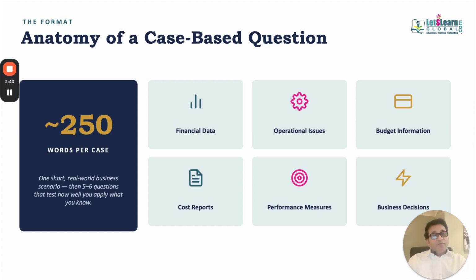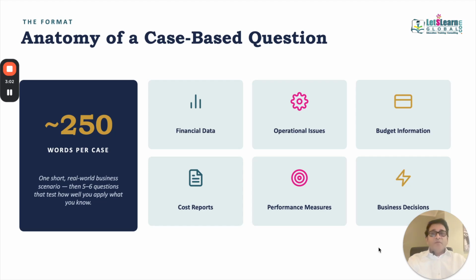In CMA part 2, it may be from financial statement analysis, ratio analysis, investment decision analysis, ethics, or risk management. So expect that it may be asked as a combination of multiple sections.